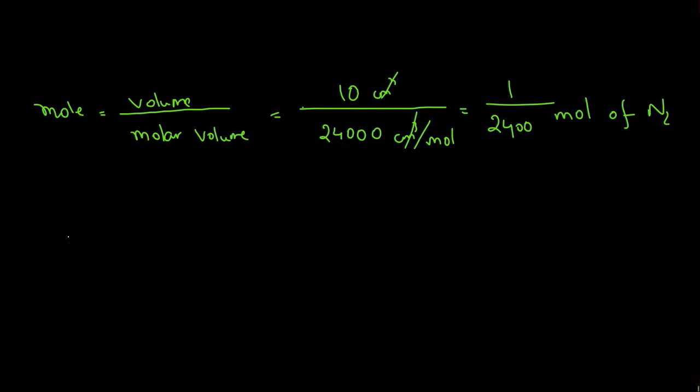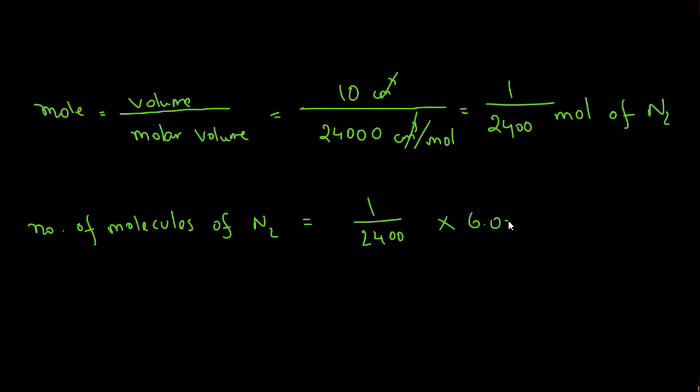So from there, we need to find the number of molecules of N2. We take the number of moles of N2 and multiply it with Avogadro's number, and we get 2.51 times 10 to the power 20 molecules.